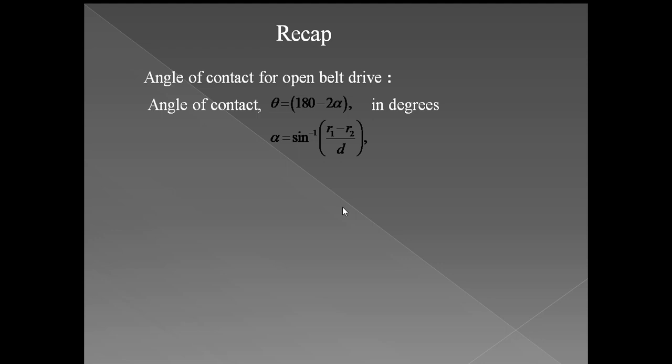For an open belt drive, theta is equal to 180 minus 2 into sine inverse of (R1 minus R2) by D. Theta is equal to 180 minus 2 alpha is the angle of contact for the open belt drive.